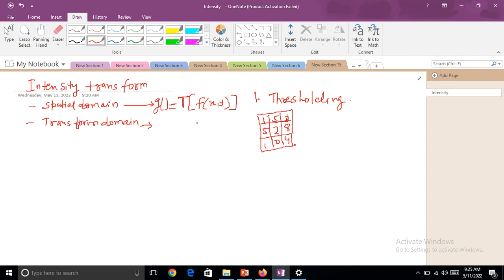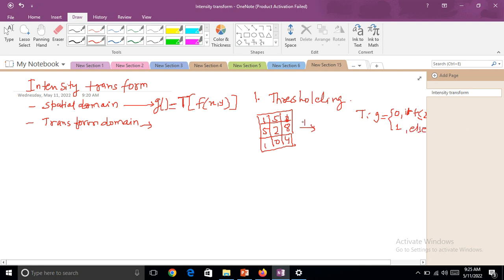Now, if we apply the transform, say g is equal to 0 if the value of f is less than or equal to 2, otherwise 1.